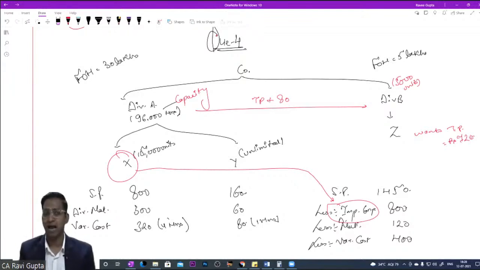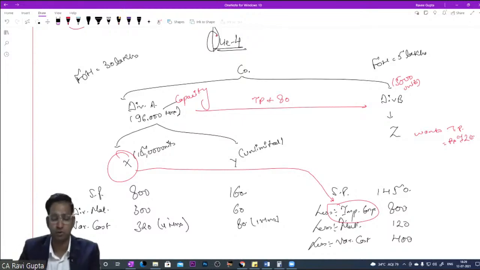And we know that when there is a limiting factor, we have to calculate contribution per hour so that we can do the ranking. After ranking, we set the priority that those limiting hours are first allocated to the product with the higher ranking, which yields the maximum contribution. That is called an optimum product mix, right?